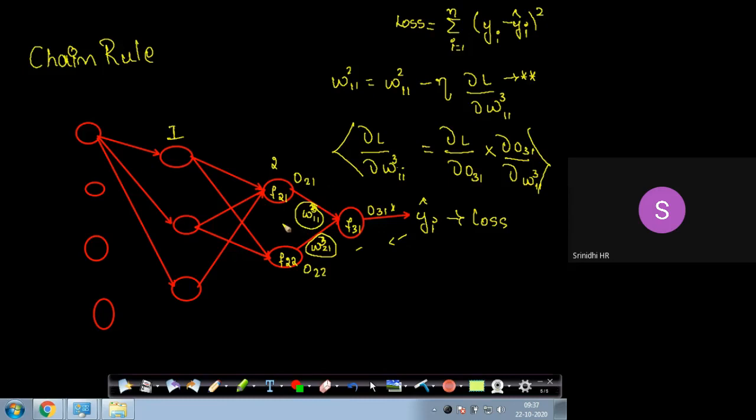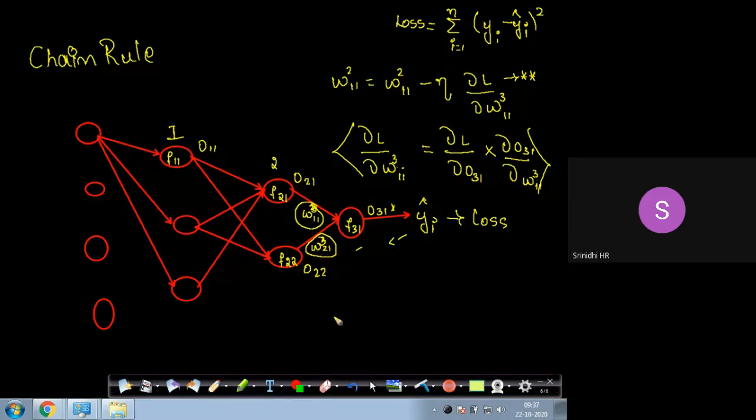Now let's imagine the weight updation formula. Let's consider this particular one. This is my F11, and the output I'm having is O11. If we consider F21, I need to update W11 and also W21.